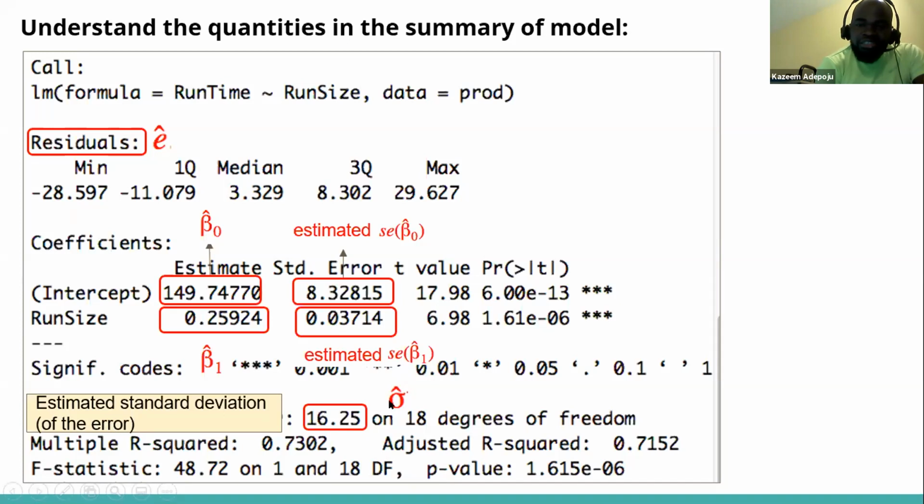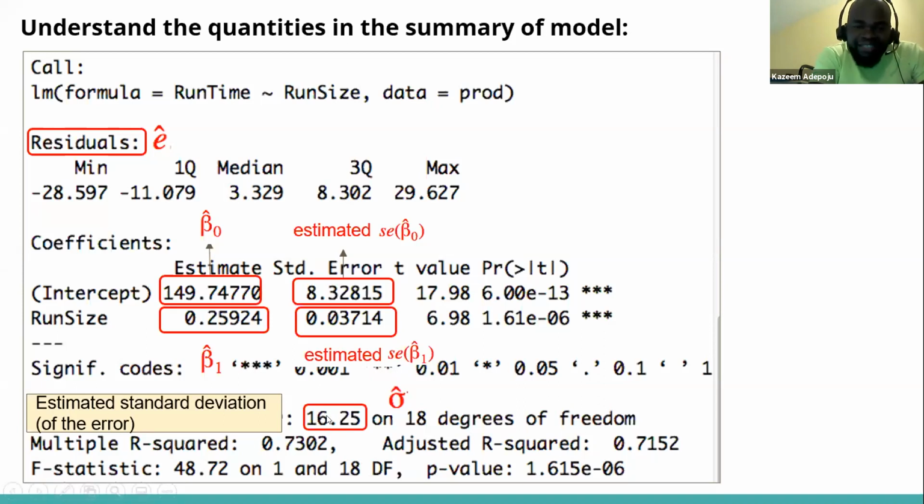If I want to get the variance of the error, sigma squared, I only need to square this value. So what I'm trying to tell you here is the estimated standard deviation of the error.